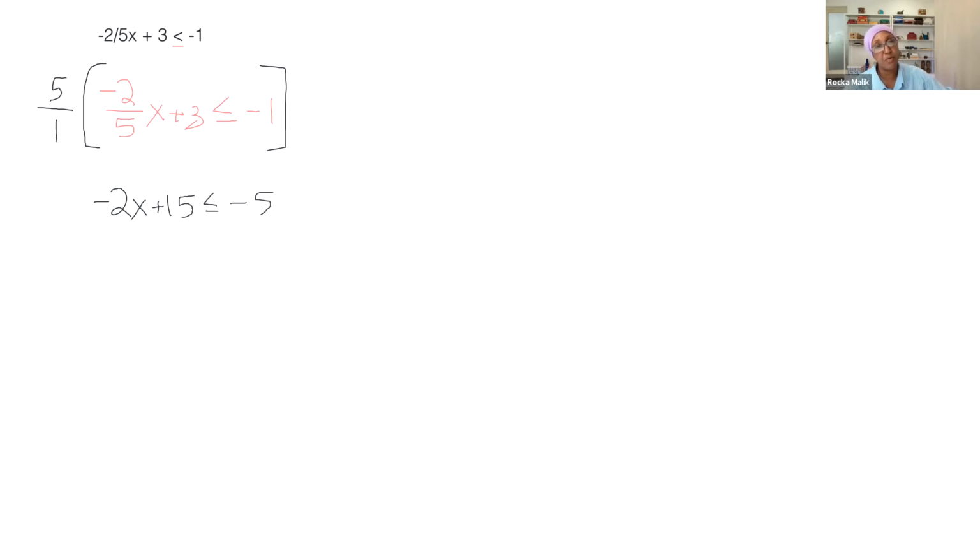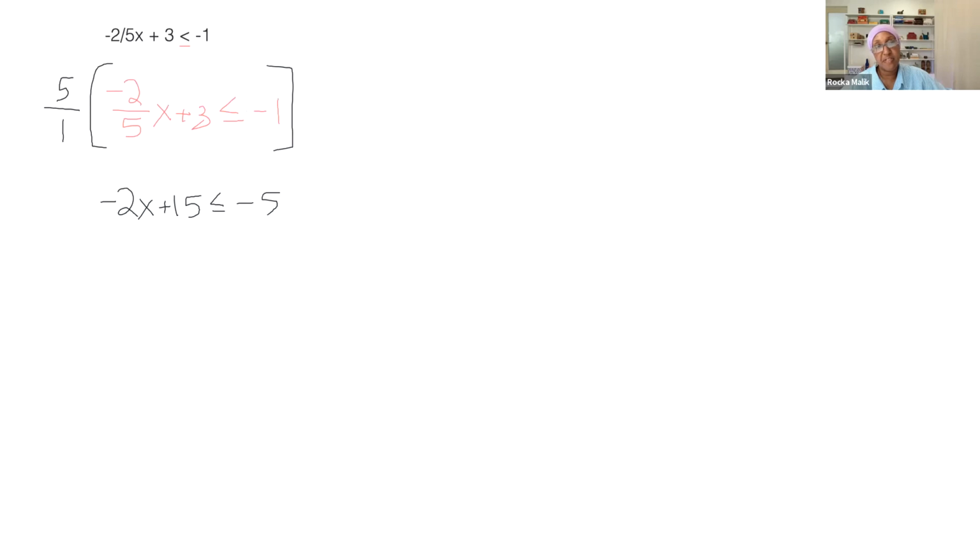And now I will move around myself. I move the 15 to the right side. So minus 15, minus 15, and minus 2x. That's gone. Is less than or equal to minus 20.